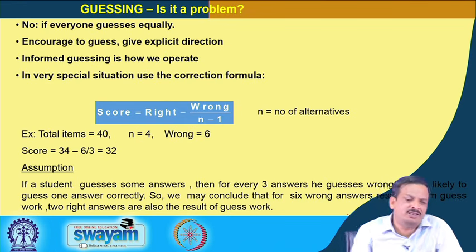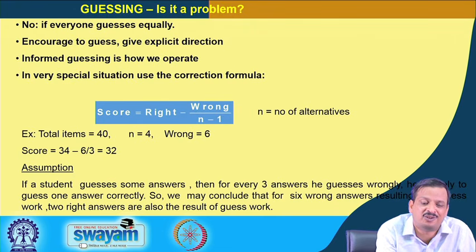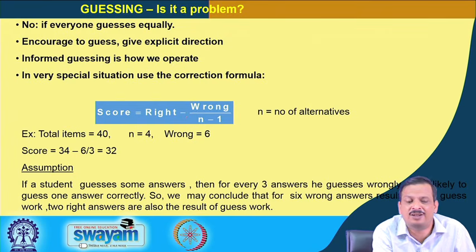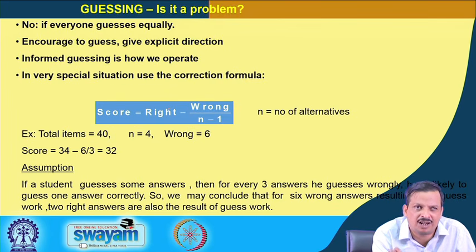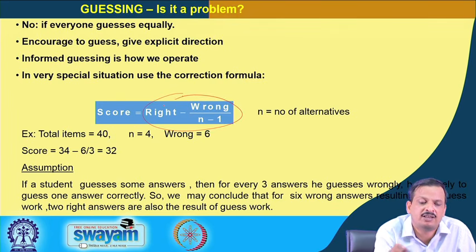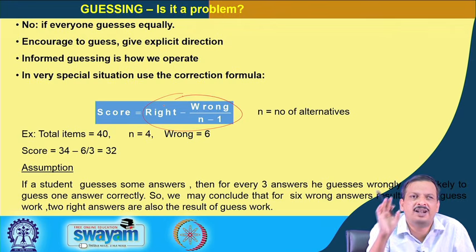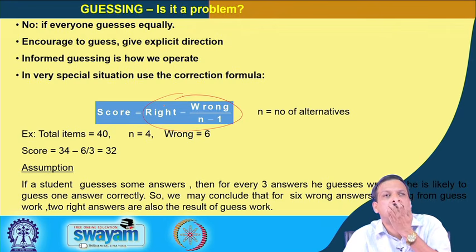Maybe this formula is not right; it is total marks minus marks obtained by the student that gives me the wrong marks, so this formula may not be correct. So, total marks minus marks obtained by the students, divided by the number of choices minus 1.